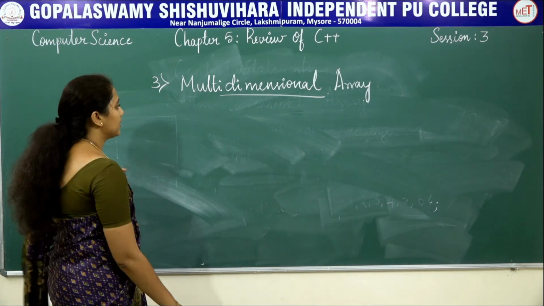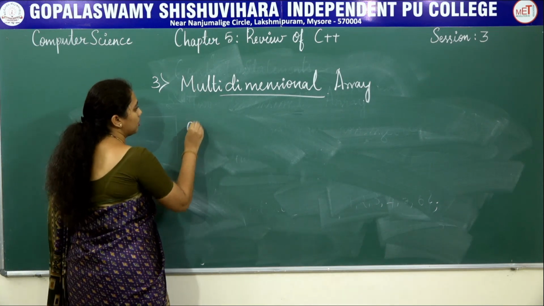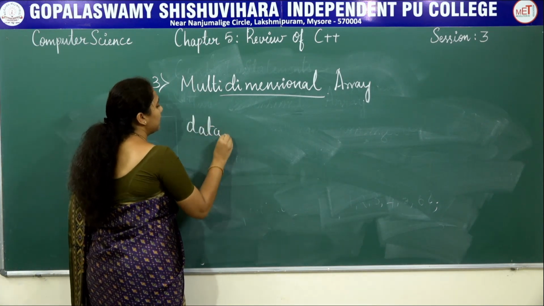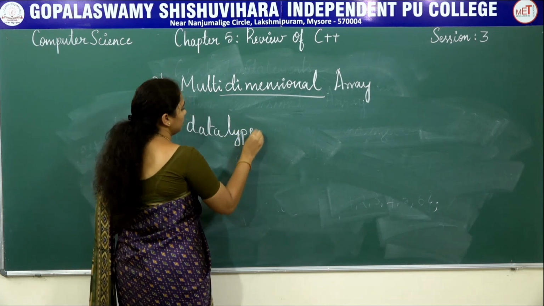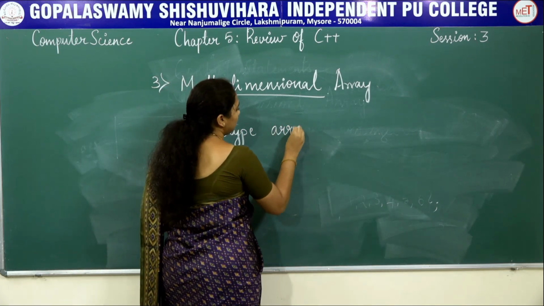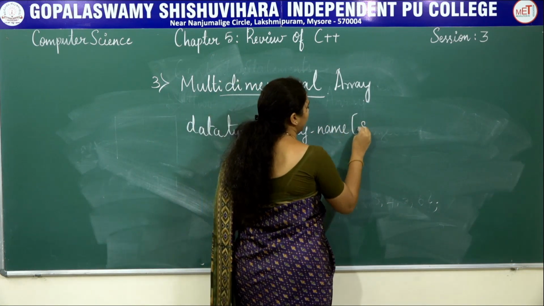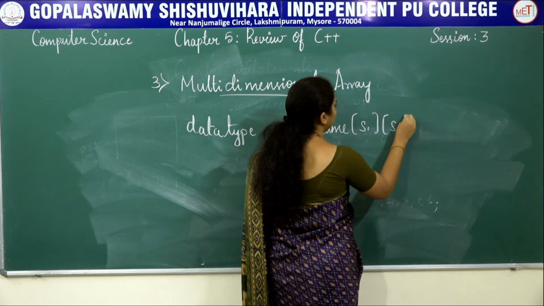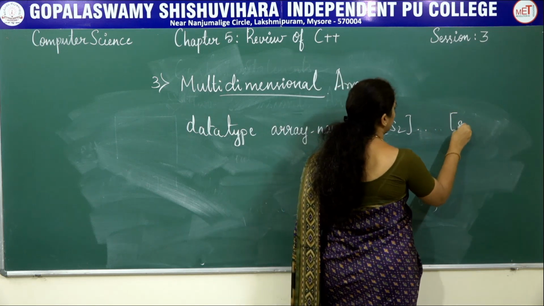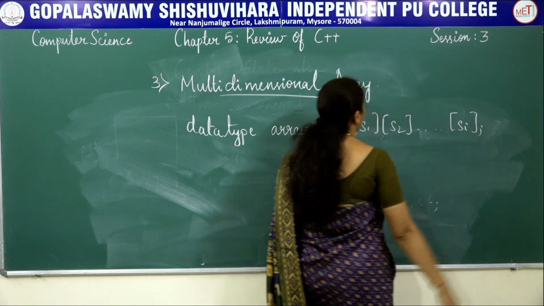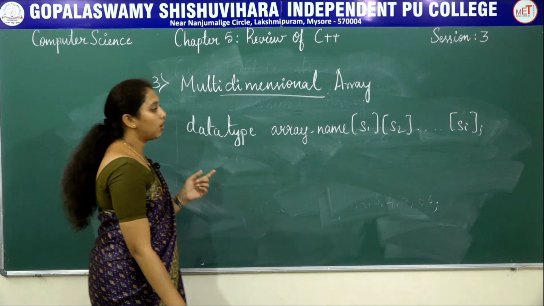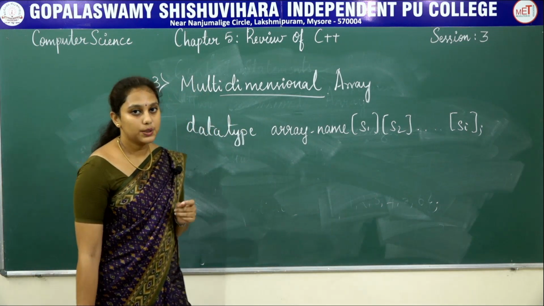The declaration syntax for a multi-dimensional array is data type, array name, S1, S2 up to Sn, where S1, S2 up to Sn are the dimensions of the n dimensions.